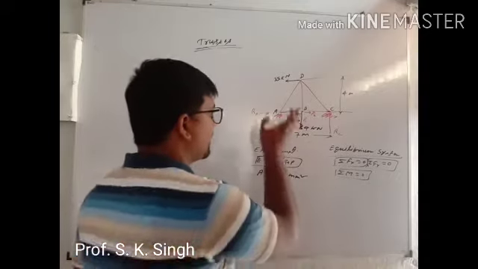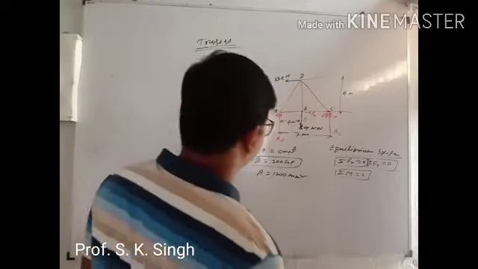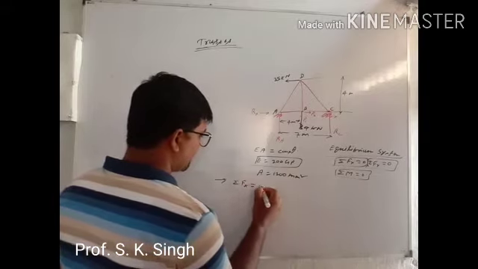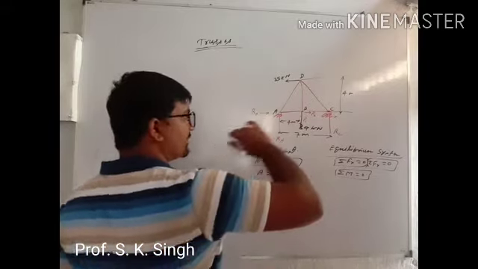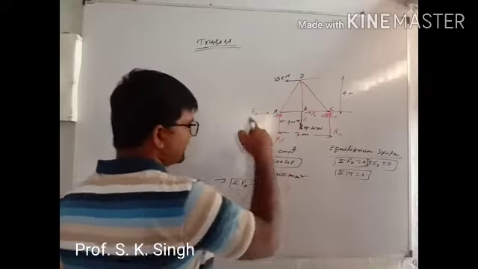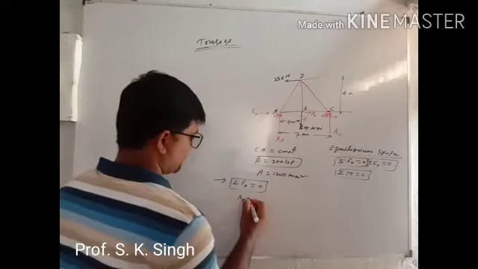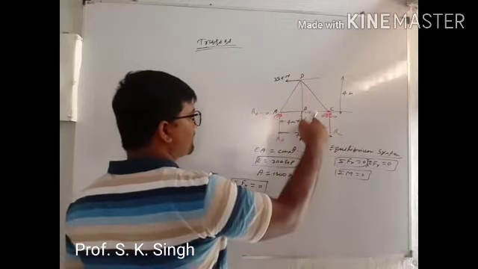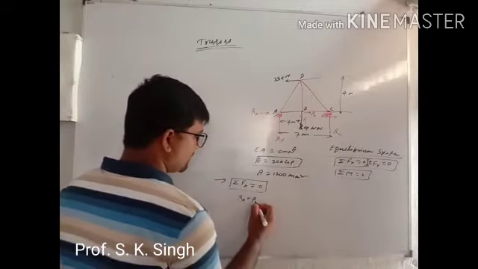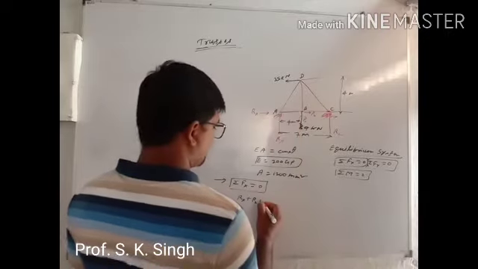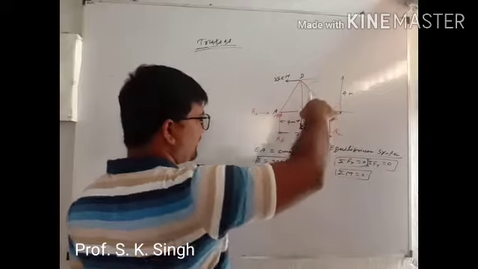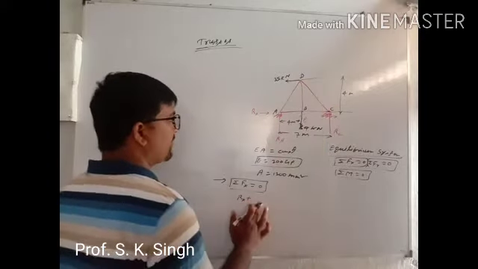So for Fx, summation of Fx equal to 0. The x direction is horizontal, so that is Rx. This side is positive, so this side is negative. P2 has no role here because 84 is downward, so there is no need to take P2.